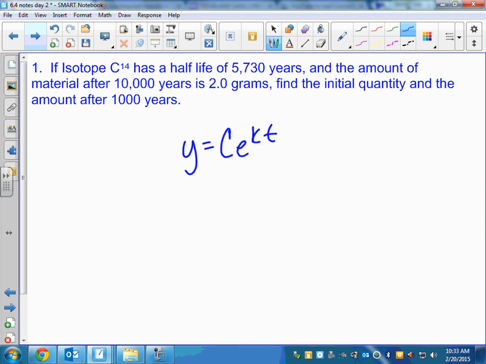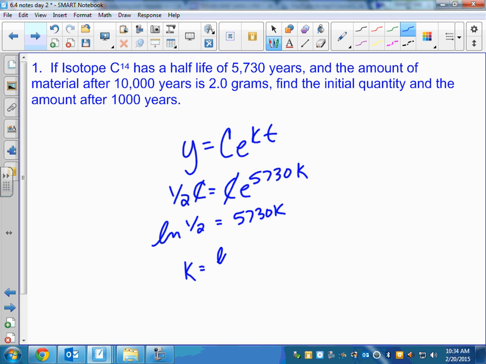I say, if the half-life is 5,730 years, then half of C is left after 5,730 years, if I forgot the formula that I just gave you. And I can say ln of 1/2 equals 5,730k, or k equals ln of 1/2 divided by 5,730.